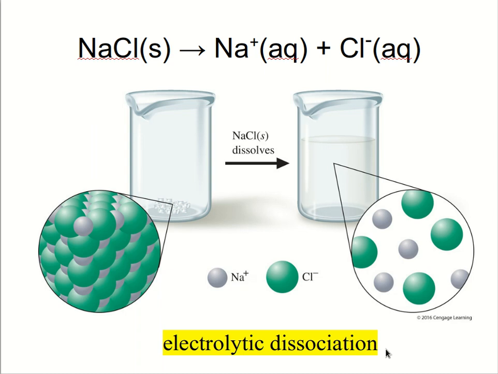It breaks apart into its components, into the sodium plus, into the chloride minus. That's what the dissociation part means. The electrolytic has to do with it breaking apart into electrically charged particles, into something that is positively charged, a cation, and something that is negatively charged, an anion.